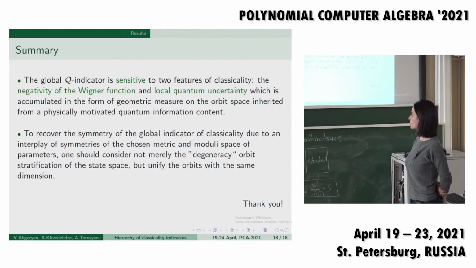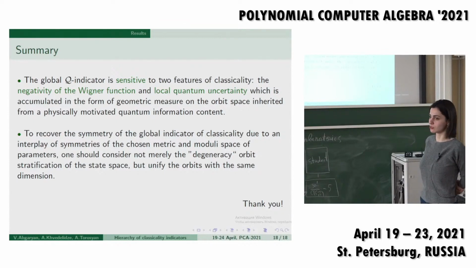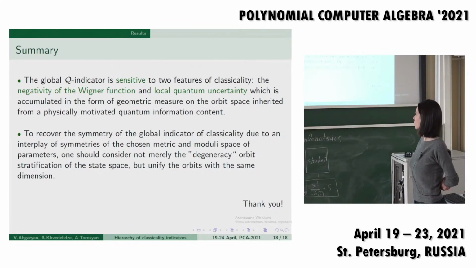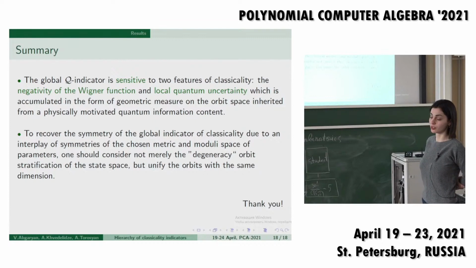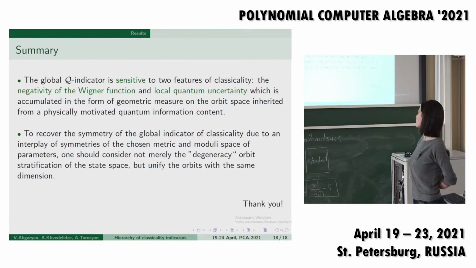And the second explanation is that if you want to recover the symmetry of the global indicator, you should consider not just the global indicator for some orbit, but take the unification of that. So you should unify the orbits by the same dimension. Yeah, thank you for attention.